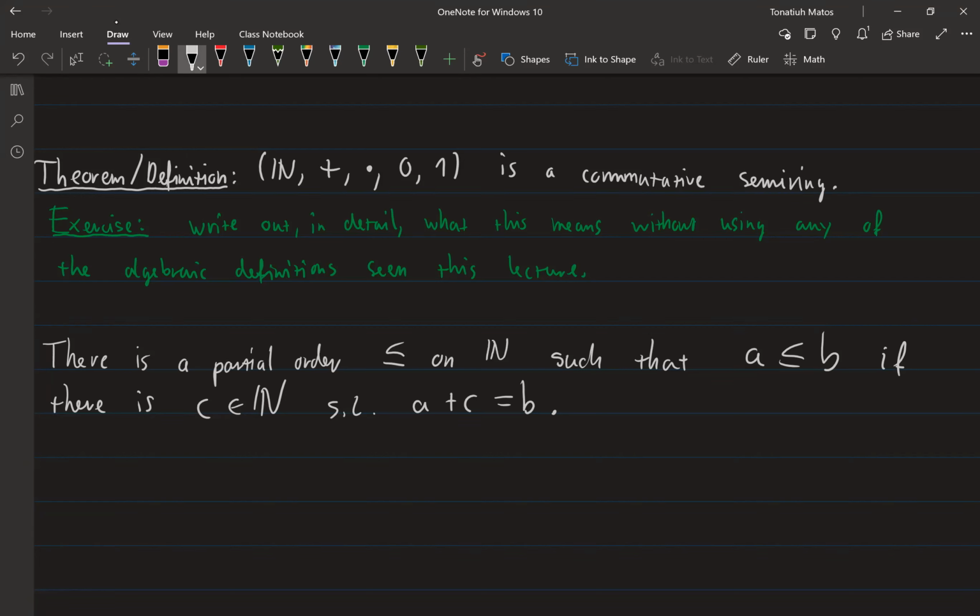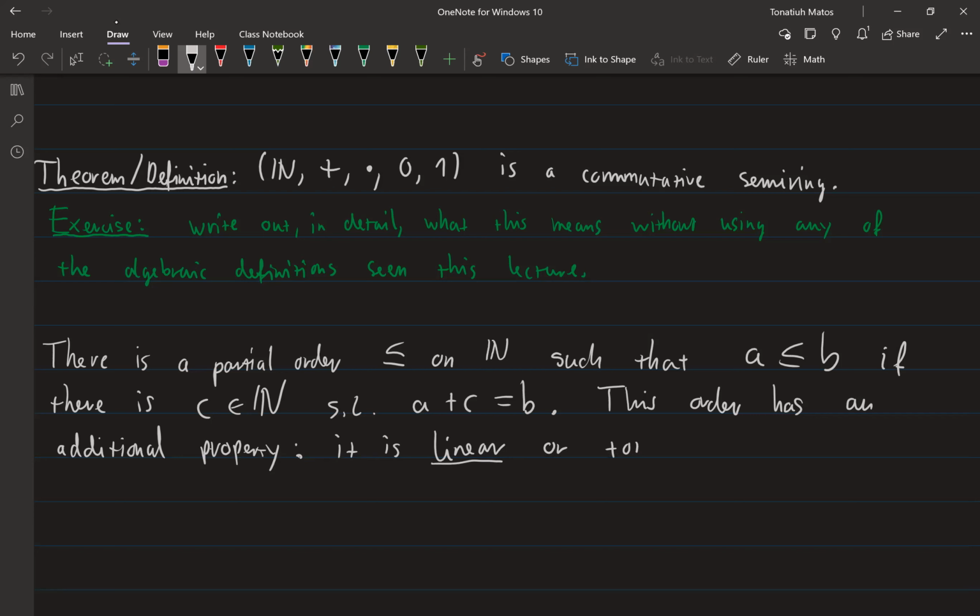Okay, this order is not just partial, it has an additional property. It is linear, or also called total, also called trichotomy law.